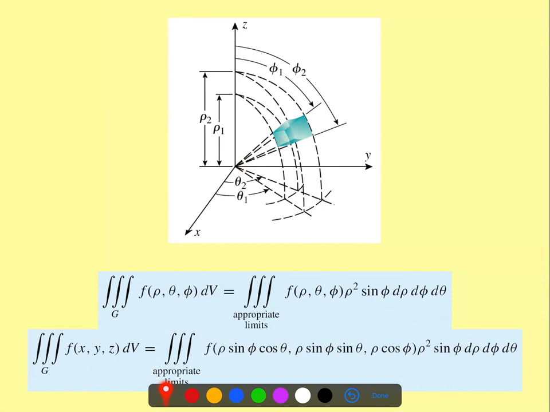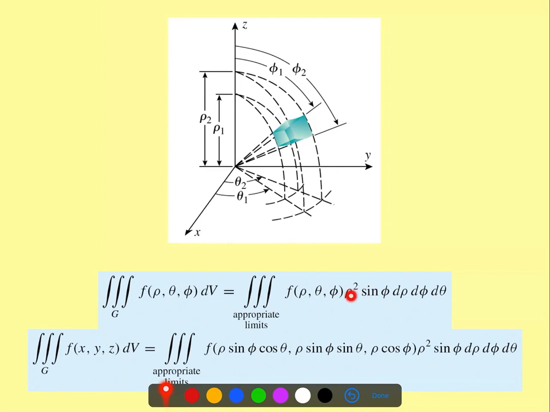So when I'm doing the integration, I'm going to have really rho times r times d rho d phi d theta. Here I wrote this down, but r isn't something we use in spherical coordinates, though you should remember what r was. R in spherical coordinates is rho sine phi. So really this is just rho times r.